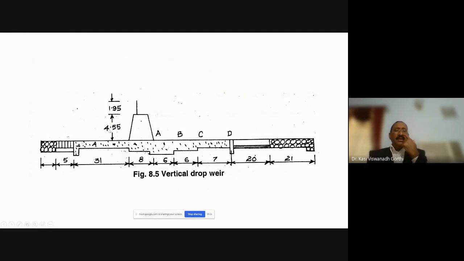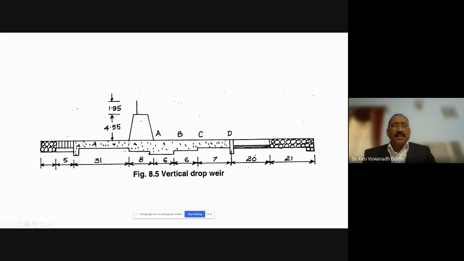So you may observe here what are the various components. The weir wall, a weir wall provided with a crest gate. Then all this is the impermeable portion, apron. So from the downstream end of this weir wall, maybe ABCD is the total length of the apron provided on the downstream portion, impervious portion.